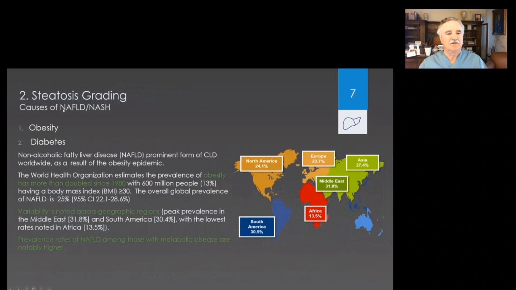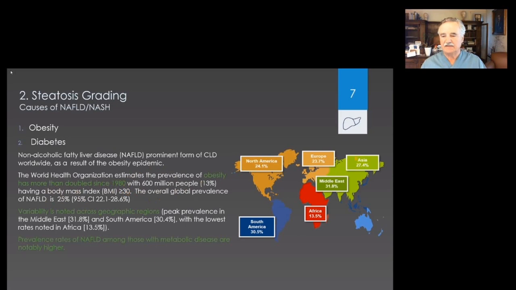The causes of NAFLD and NASH. The main causes are, as you know, obesity and diabetes. Keep only those two phrases of this map. Obesity has more than doubled since 1980. And this is the number of people having a body mass index more than 30.